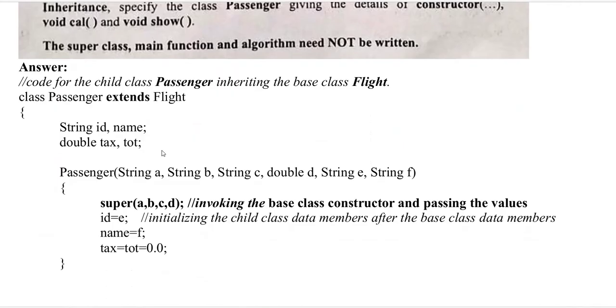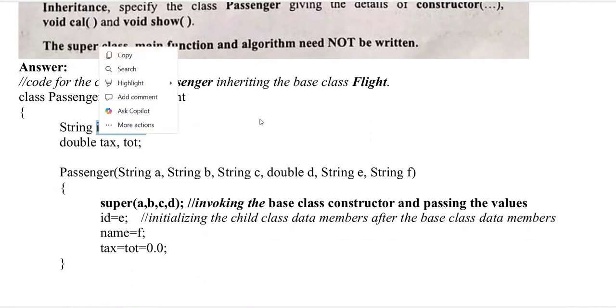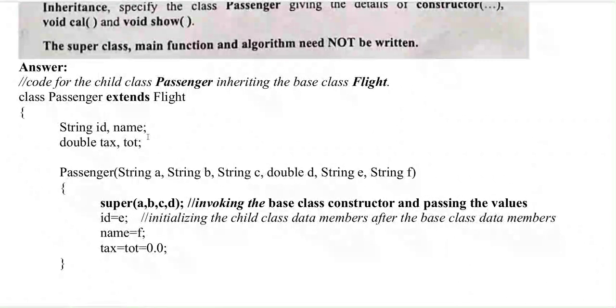But out of 4 members of the passenger class, only 2, that is ID and name, have to be taken from the user. Tax and tot will be calculated. So total input from the user will be 6. 4 from the base class and 2 from the child class.